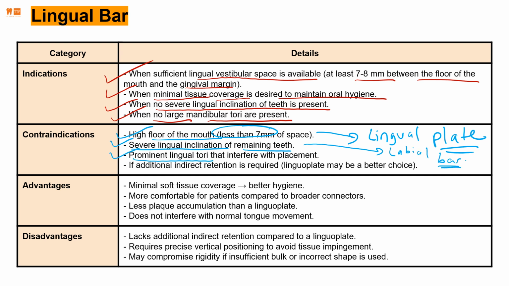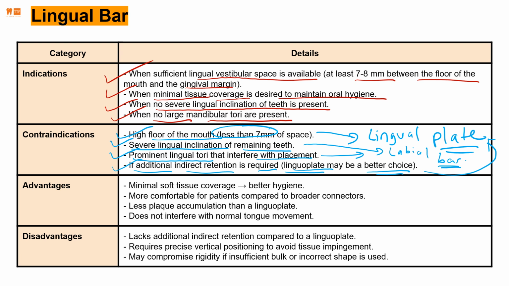Prominent lingual tori that interfere with the placement, and of course that's when we use a labial bar. In addition, if additional indirect retention is required, then a lingual plate may be a better choice because, indirectly speaking, plates that cover the back of the teeth provide indirect retention of the actual denture base.